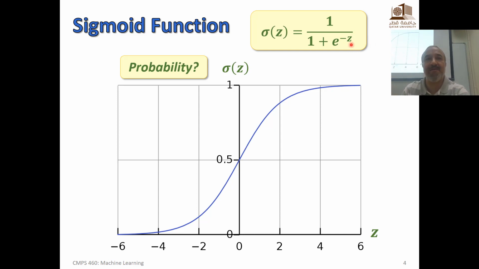Next, if z is minus infinity, so e to the power minus z will be e to the power minus minus infinity, right? Minus minus infinity is what? Is infinity, right? So 1 plus infinity is still infinity. 1 over infinity is 0. So when z is minus infinity, we will get 0.